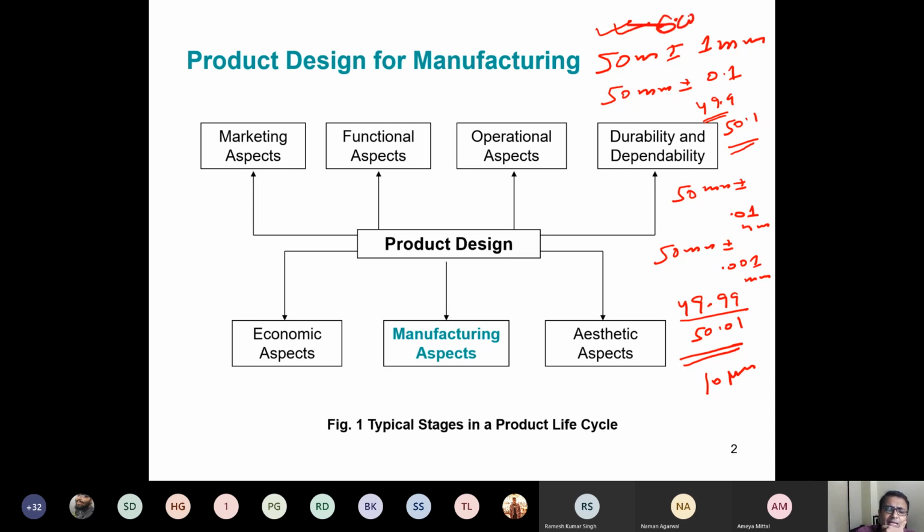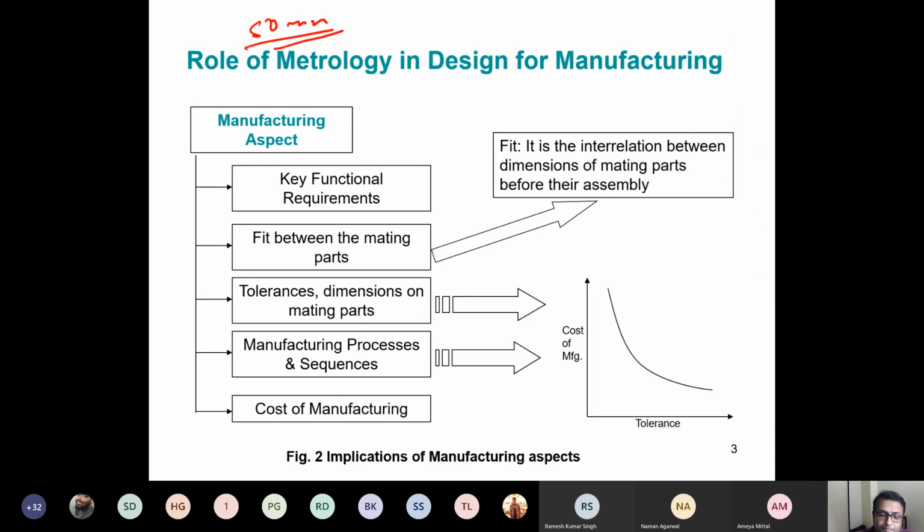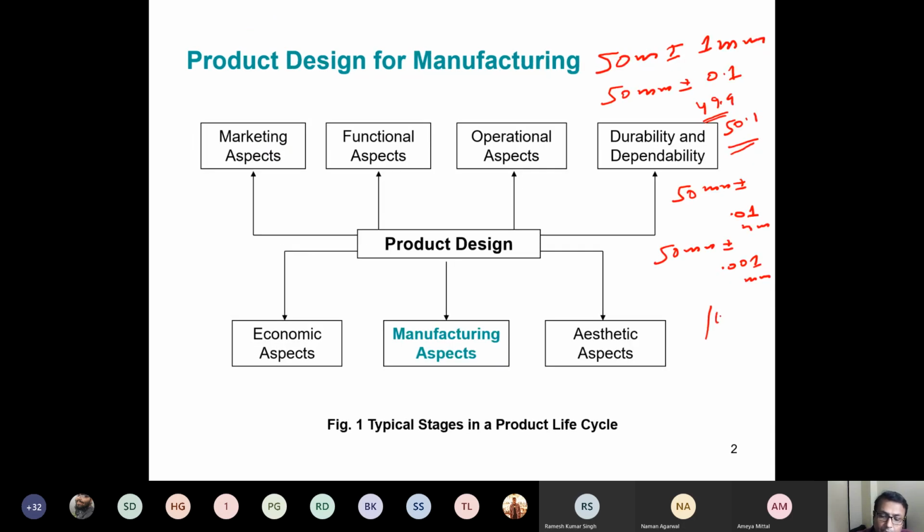If you want to go to plus minus 1 micron, the cost can be tens of thousands of rupees, even more expensive than that, for just a small shaft, say a kg shaft.